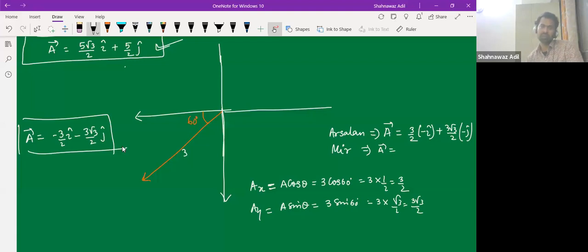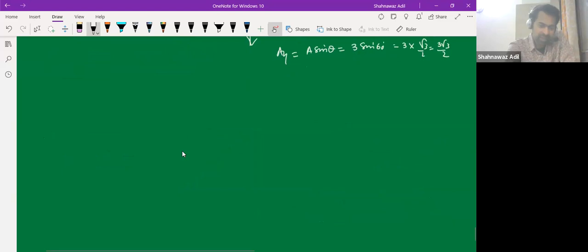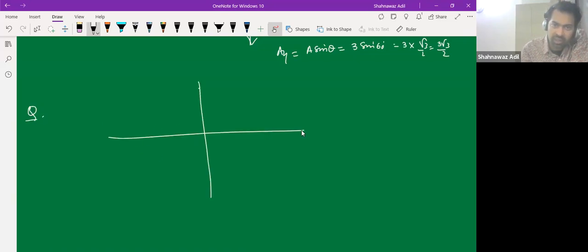Yes, sir. Yeah. The last topic is why this resolution of vectors is important, right? So let's say that I have two vectors in this manner. This is my rectangular plane. One vector is this, and the other vector is this, right? Let's say this is 4, this is 30, this is 5, this is 60.